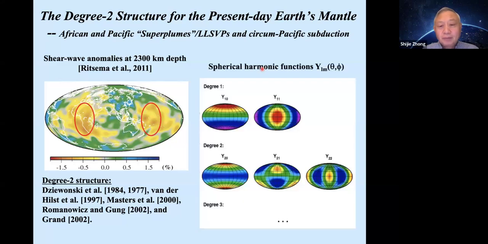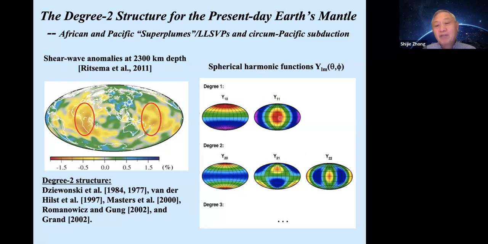Before I start talking about various spherical harmonic degrees, I just want to remind you that when we say degree 1, degree 2, those are in terms of spherical harmonics. On a spherical surface, spherical harmonic functions tell us about wavelengths. Degree 1, like degree 10 or 11 here, are really just the hemispherical structures. Degree 10, for example, represents the northern hemisphere versus southern hemisphere differences, and degree 11 means the east-west hemispherical differences.